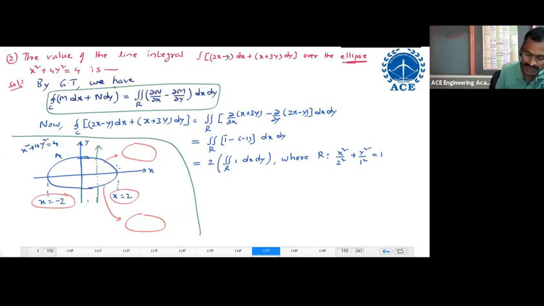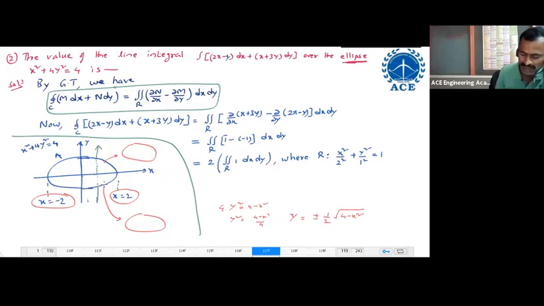Now from the equation of the curve, write y in terms of x. Here, 4y square equal to 4 minus x square, then y square equal to (4 minus x square) by 4, then y equal to plus or minus 1 by 2 into under root of 4 minus x square. But the entering curve is lying below the x-axis, and the leaving curve is lying above the x-axis.